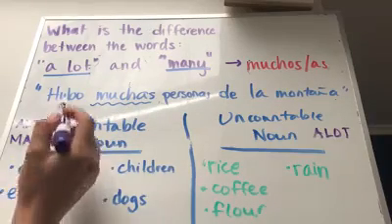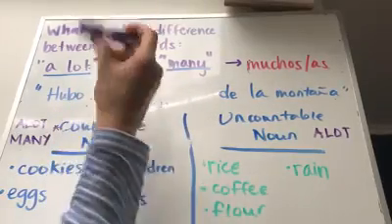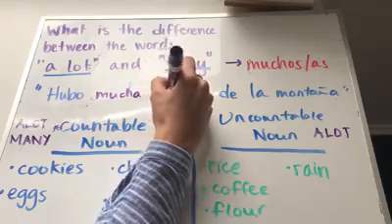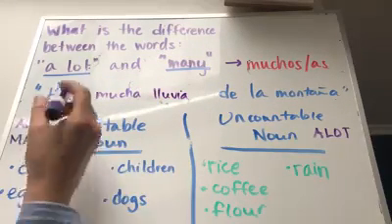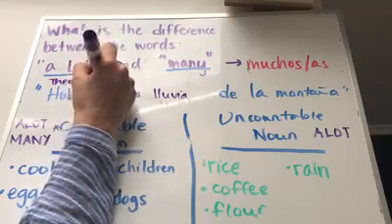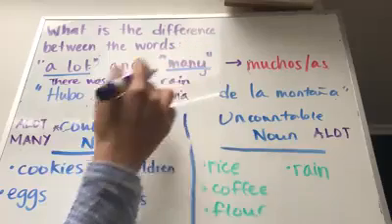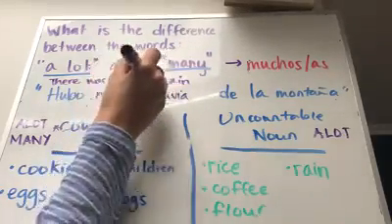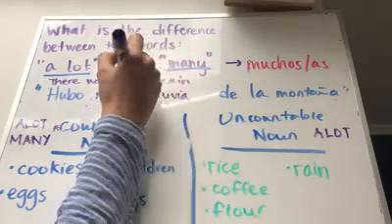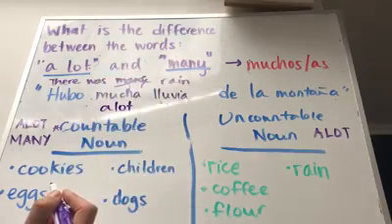So no podemos decir there was many rain. This is incorrect because rain is uncountable, so we can only use the word a lot for mucha. Okay, there was a lot of rain.